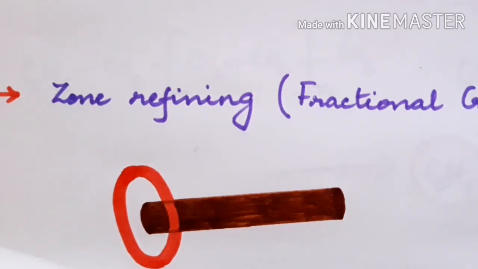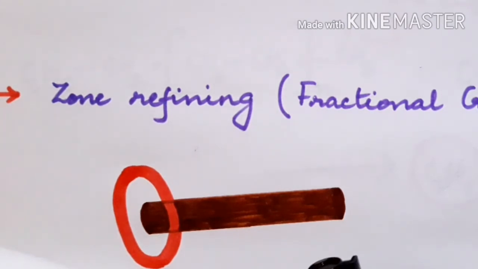And when it is coming out of that, it crystallizes to form the pure metal. Impurities are sent back to the next zone where it is in the molten state. So the crystallized metal will contain only the pure metal atoms, whereas the impurities will be sent behind in the next zone. That is why it is known as zone refining.